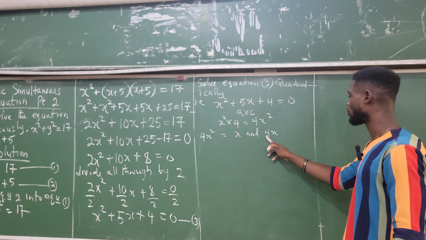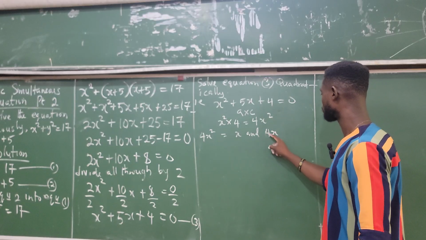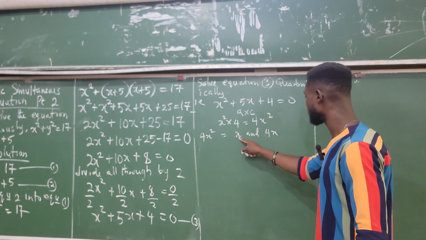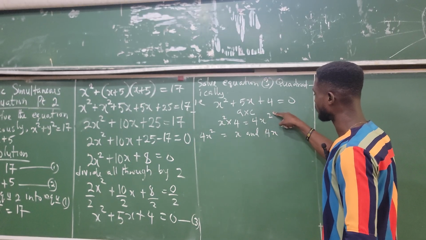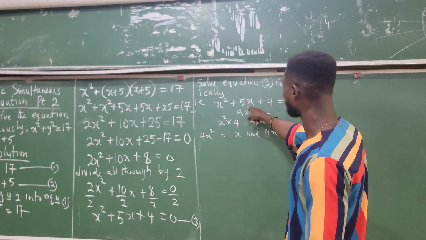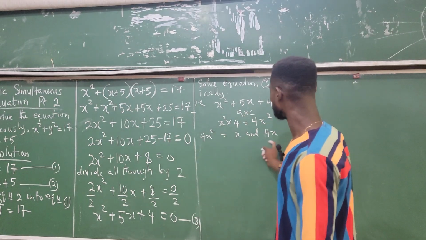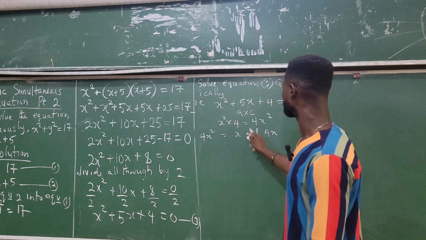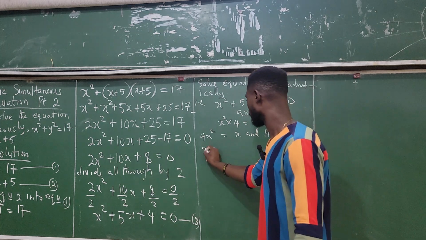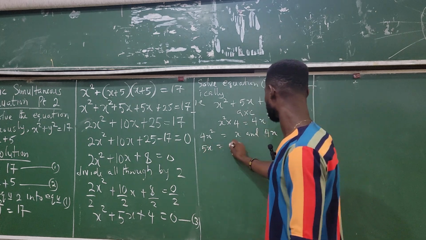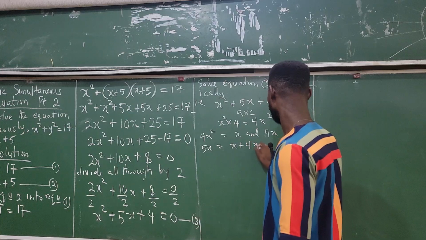1 times 4 will give us 4. That is this 4. X times x will give us x square. So if you sum these two products to give you 5x, what can give us that is x plus 4x.